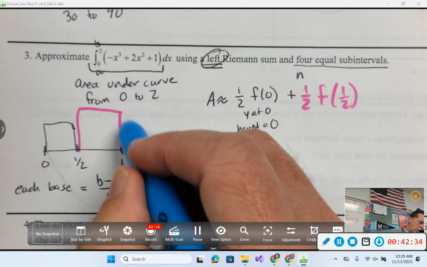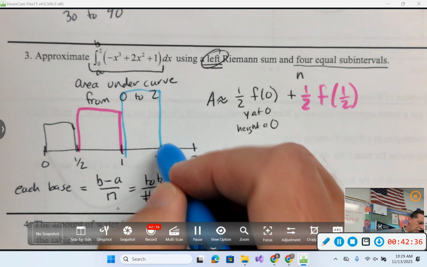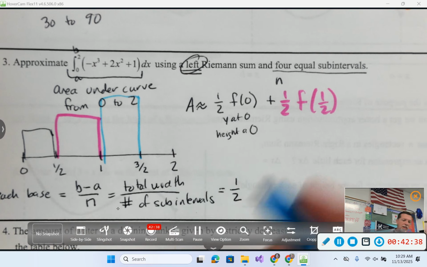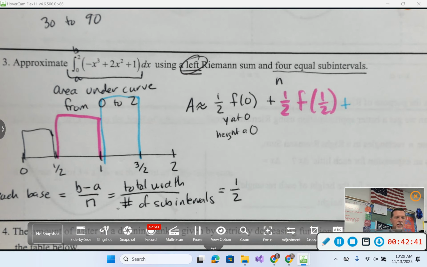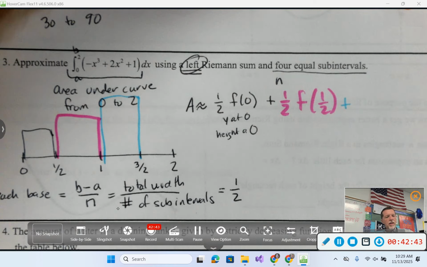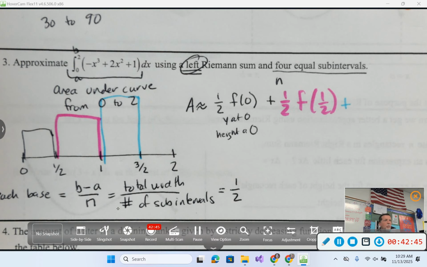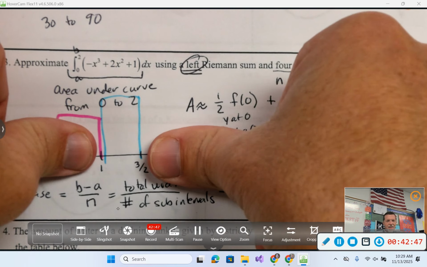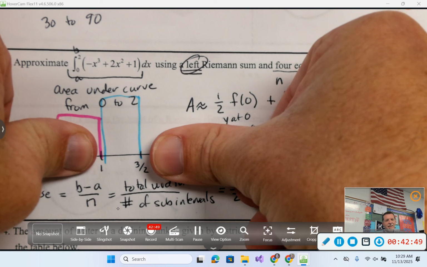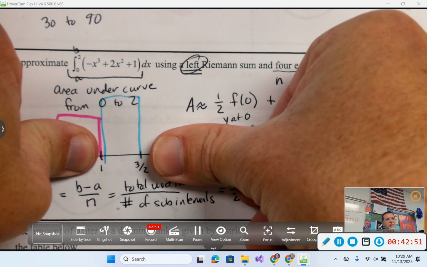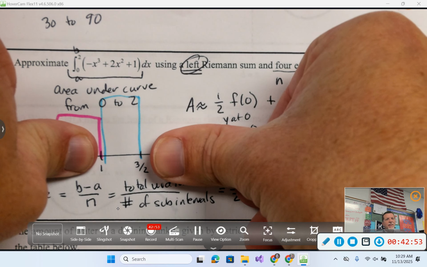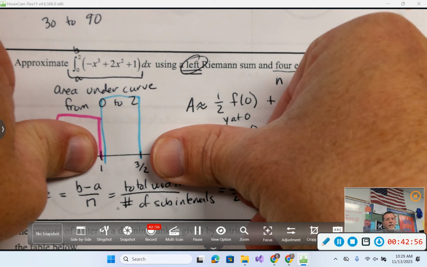And then, who knows, maybe my third rectangle is even higher. Maybe it's negative, but it doesn't really matter. Ryder, you just got back, but what's the width of that rectangle? From 1 to 3/2, how wide is that? That's 1/2.